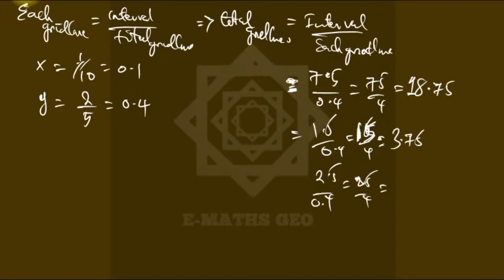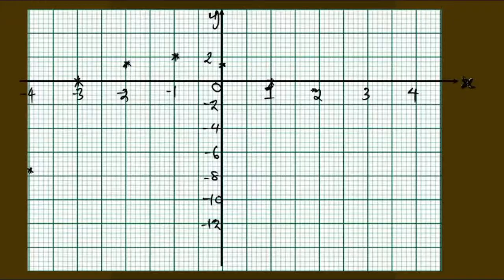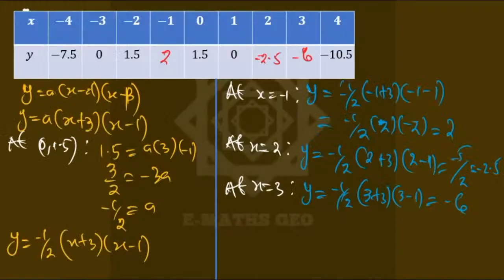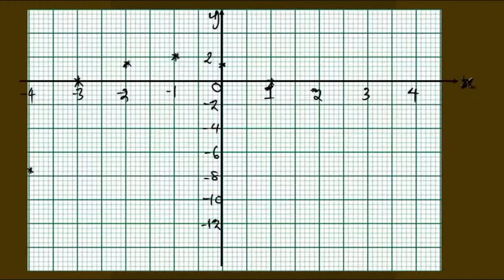So 25 over 4 is 6.25. So we'll move 6 points.